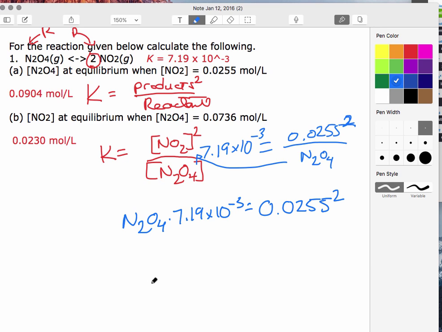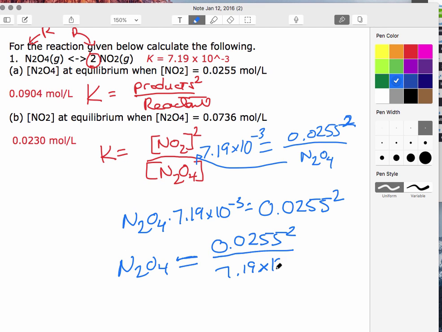So N2O4 is equal to, and we're just going to divide on the other side, 0.0255 squared divided by 7.19 times 10 to the minus 3. So we solved this problem and we got our answer.